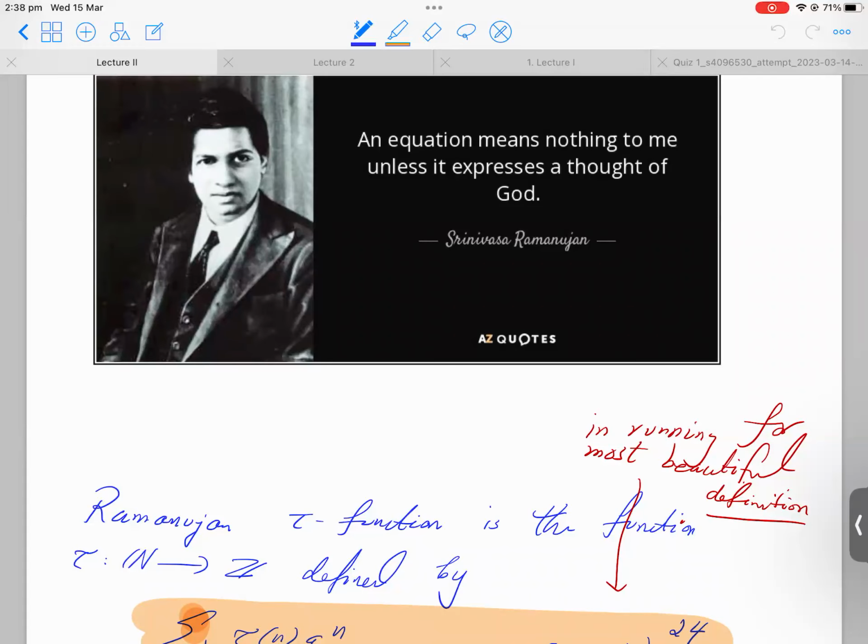Many of them didn't understand it and dismissed it, but one of the people who did was Hardy, to whom Ramanujan wrote a letter. Ramanujan was a clerk in some post office in some tiny town in South India. And he writes a letter to the most prominent professor of mathematics in Cambridge with a mass of formulas.